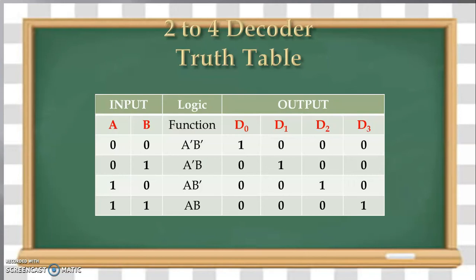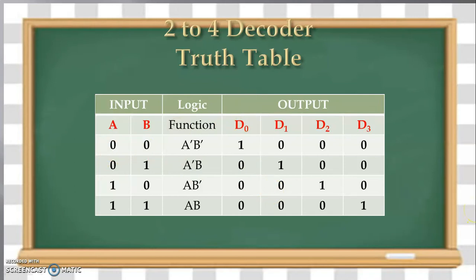So we have 4 output data lines, D0, D1, D2 and D3. As per the definition of the decoder, for each input combination, only one output line will be activated. Meaning, for each input combination, only one output will go high and all remaining outputs will remain at the low level.